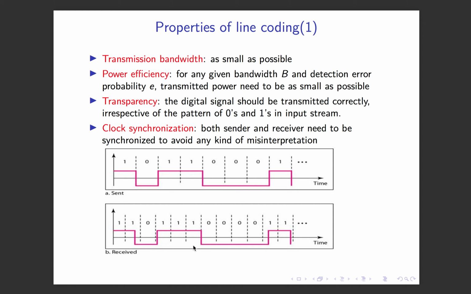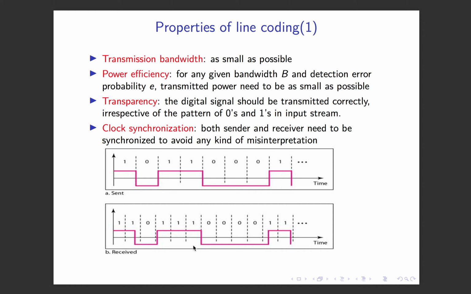The more bandwidth we allow, the more noise it will introduce, and the entire transmission gets messy. For a signal of some prefixed bandwidth and error probability, we will try to keep the power needed for transmission as low as possible, because if it is power hungry, then the design is not economically feasible. So we need to make sure the design is power efficient.